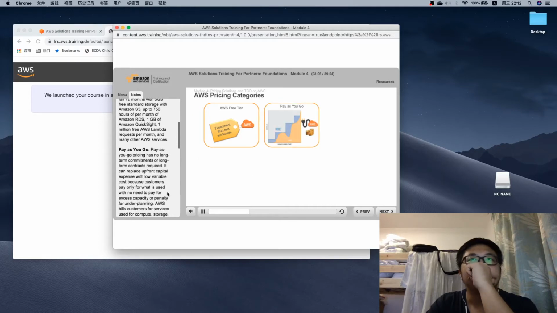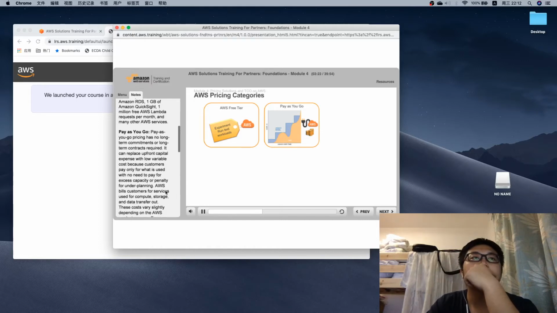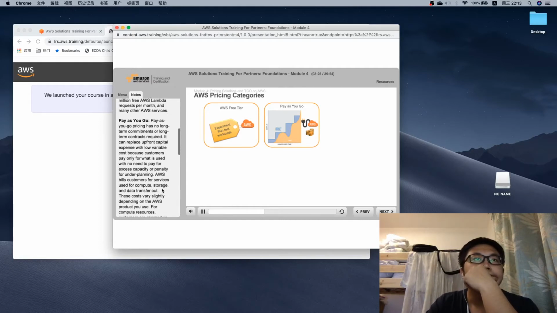Pay-as-you-go. Pay-as-you-go pricing has no long-term commitments or long-term contracts required. It can replace upfront capital expense with low variable cost because customers pay only for what is used, with no need to pay for excess capacity or penalty for underplanning. AWS bills customers for services used for compute, storage, and data transfer out.